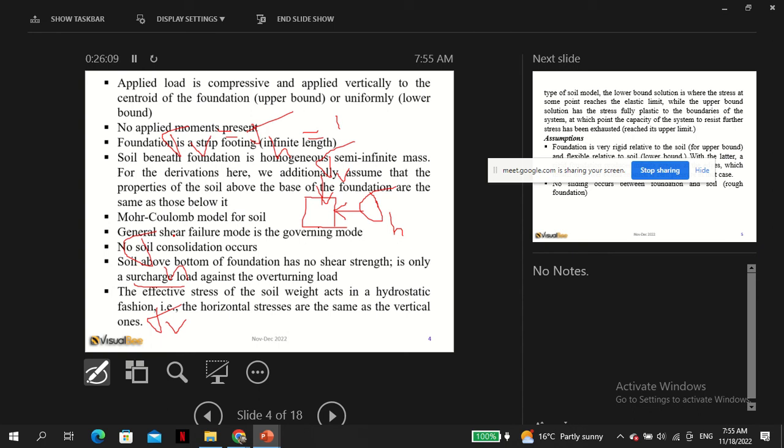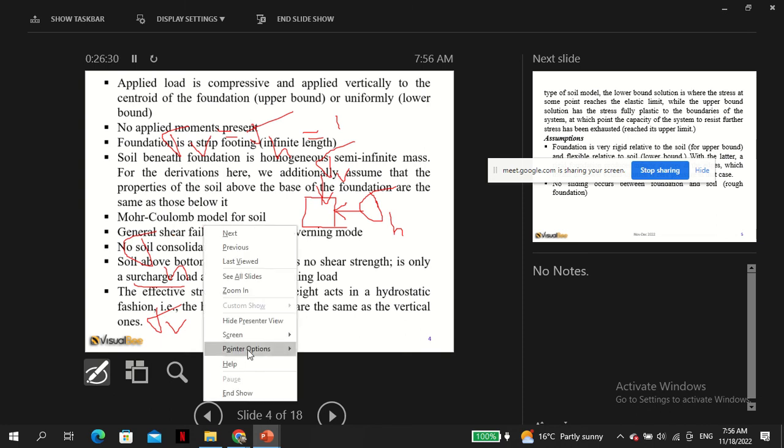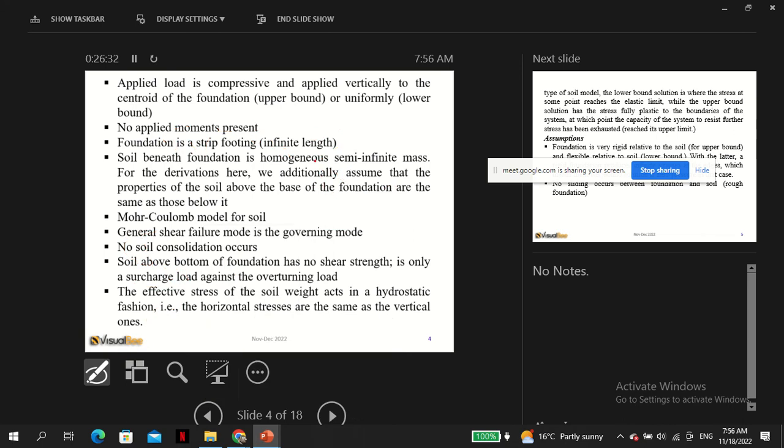In the at-rest condition, there are no effects. In the passive condition, that means you have made an excavation. One side is passive and the other side is active. In other cases, this ratio is affected by many other things, not necessarily the factors that we talked about.